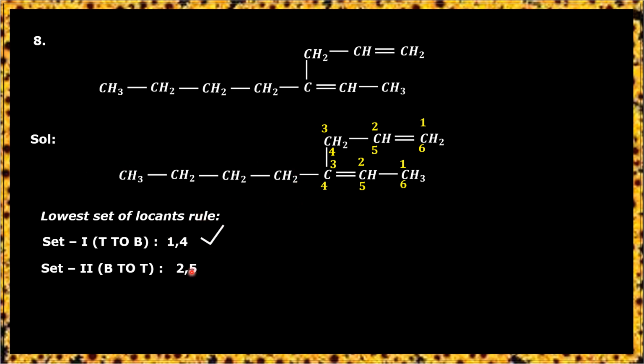So we have to compare which way of numbering is correct. In order to know that, we have to compare these two sets, set 1 and set 2 locants, term by term. Here 1 is less than 2, so set 1 is the correct way of numbering. So this one is the wrong one.